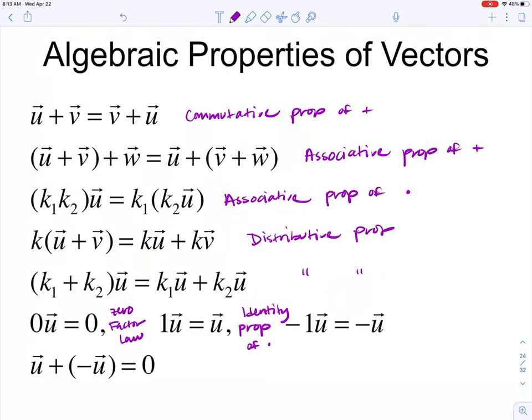Okay, the identity property of multiplication. And then also an additive inverse property.